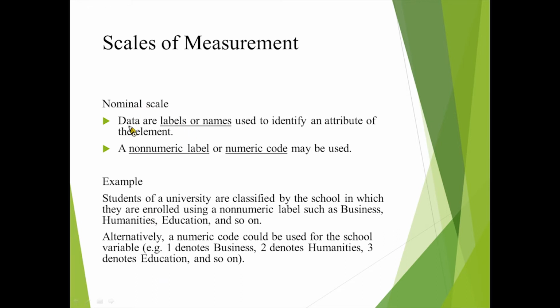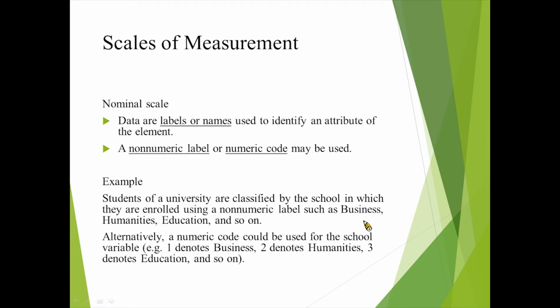And nominal scale data are labels or names used to identify an attribute of the element, and a numeric label or numeric code may be used. So you can see this example. Students of a university are classified by the school in which they are enrolled, such as business, humanities, education, and so on. This is non-numeric, meaning it doesn't show a number.